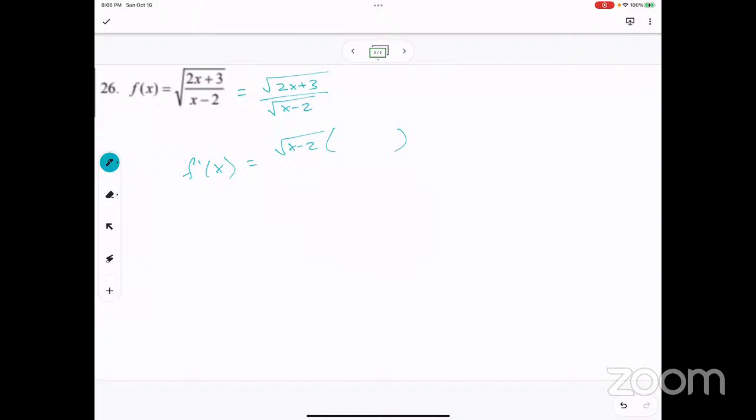All right, it's going to be the derivative of the square root of 2x plus 3 is the outside of it. So I take the derivative of the outside, which is that, to the negative 1/2, because I subtract 1, times the derivative of the inside, and that's that 2. So I'm using the chain rule here.